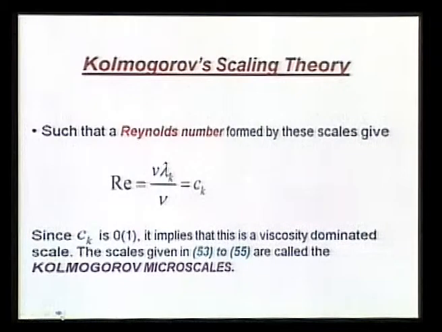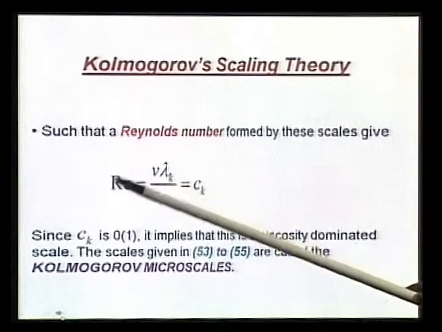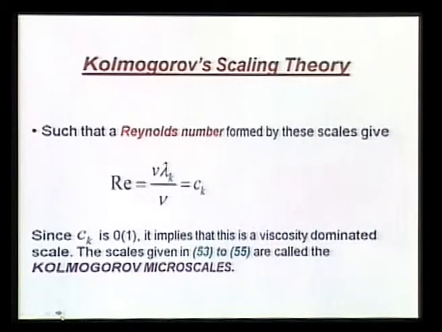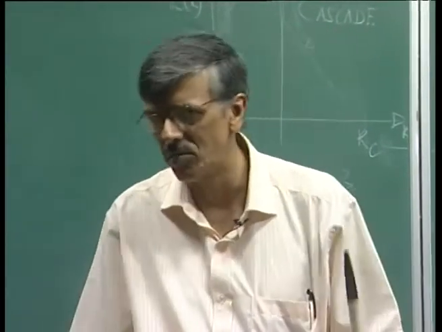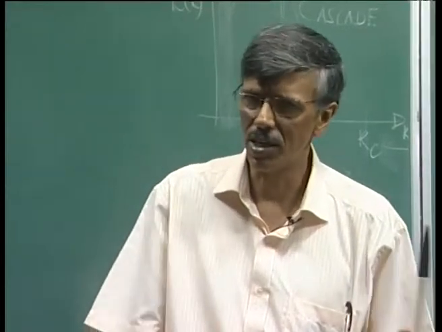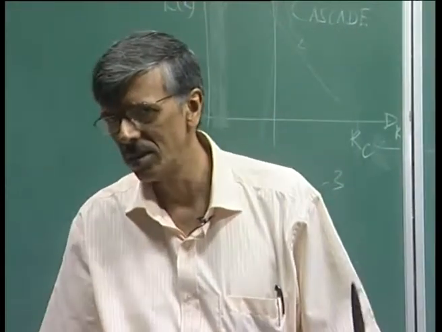So, lambda k was in terms of an undetermined constant C k, which is of order 1, which has to be order 1, the way we have reasoned out. So, what we are finding is that the Reynolds number is order 1. What does it mean? Roughly speaking, we always estimate Reynolds number as a kind of relative weightage between the convection term vis-a-vis the viscous term.